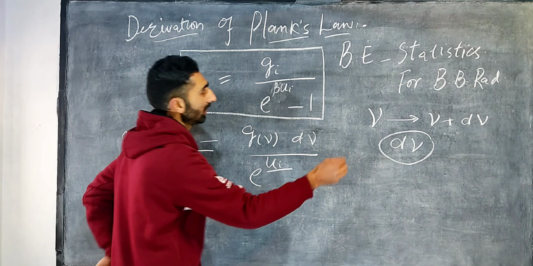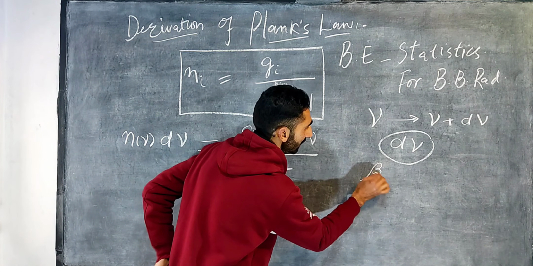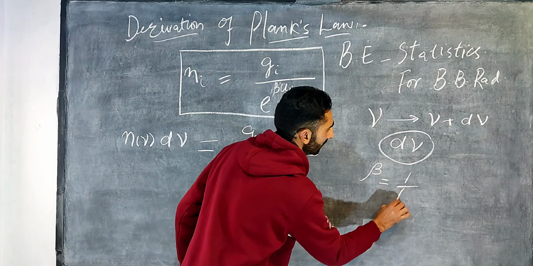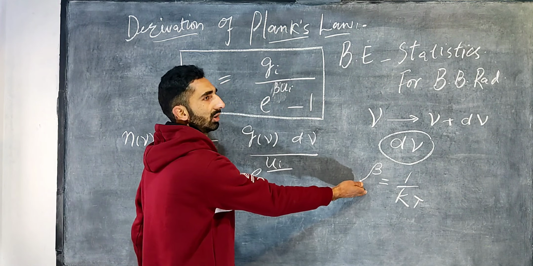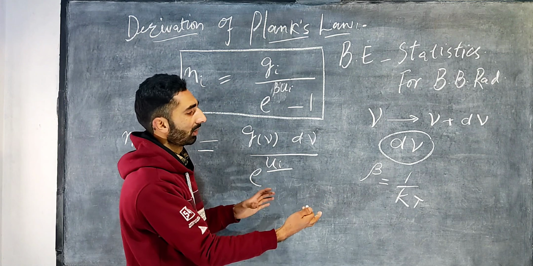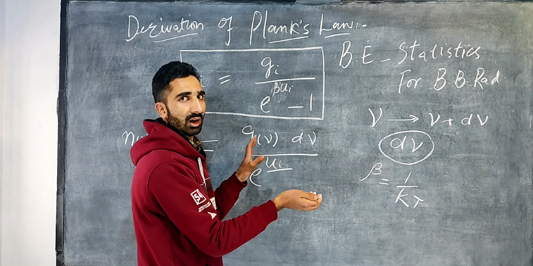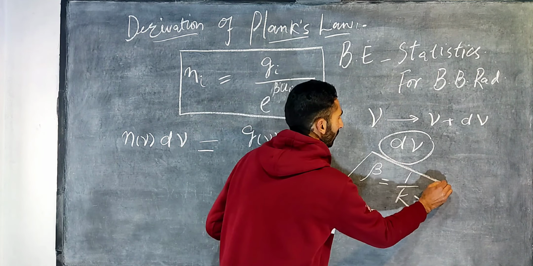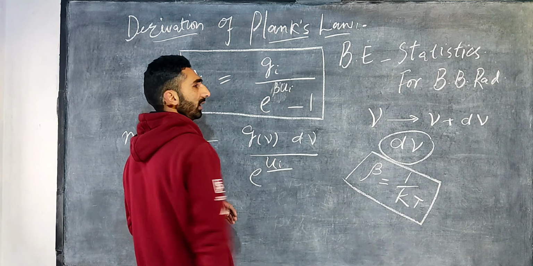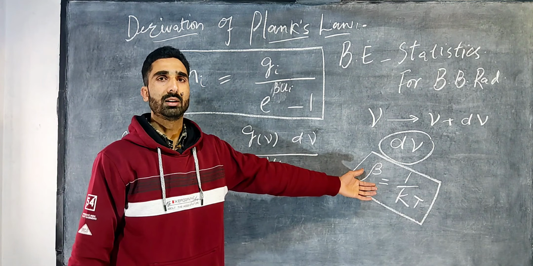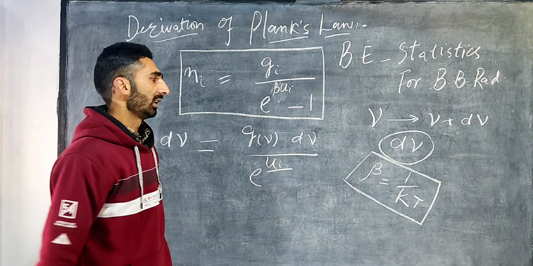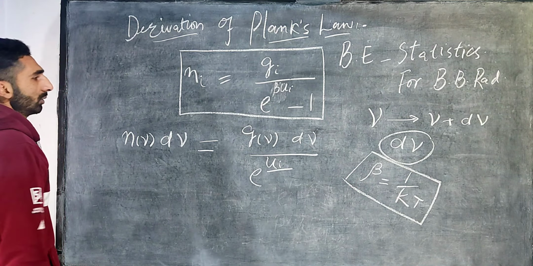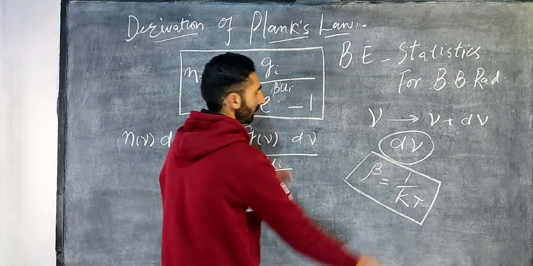So beta, I have told you earlier, is equal to 1 upon kT. This was used as the Lagrangian multiplier in the previous derivation, wherein by using the method of Lagrangian we can find this very beta. This is the Lagrangian multiplier, so that comes out to be equal to 1 upon kT.